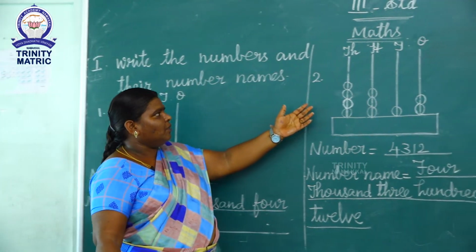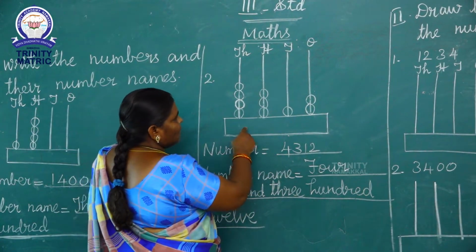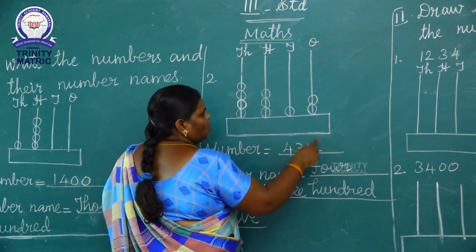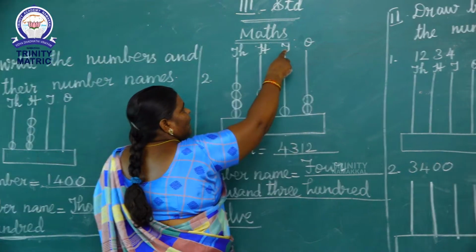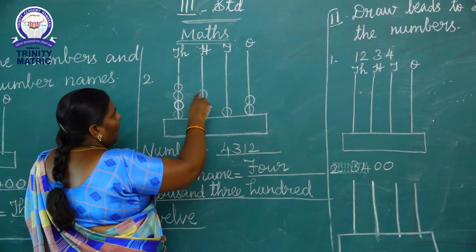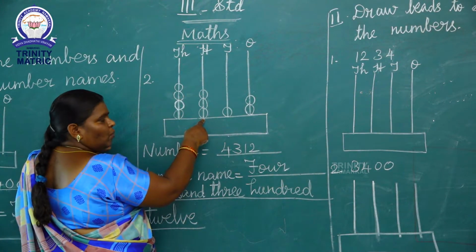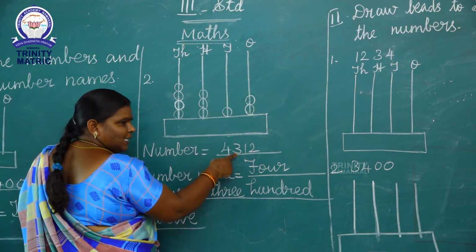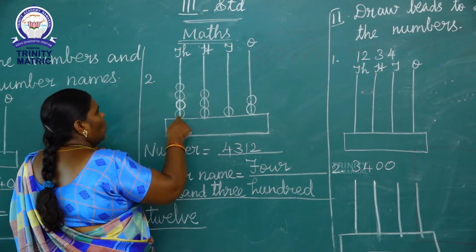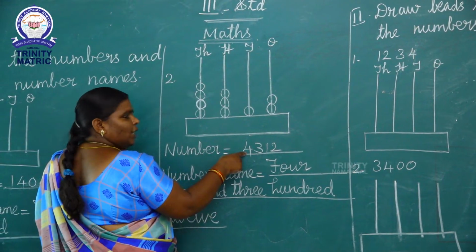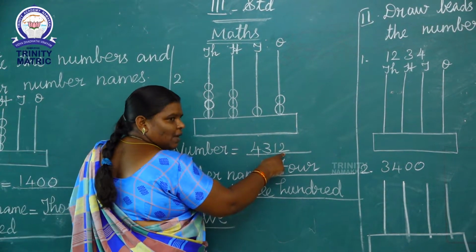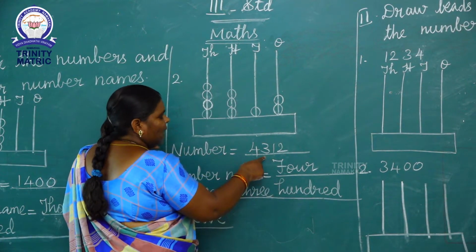See the next sum. Okay. See the abacus. In ones place, how many beads in the rod? 2 beads. So you write 2. In tens rod, how many beads have? 1 bead only. In hundreds rod, how many beads have? 1, 2, 3. So you write 3. In thousands rod, how many beads have here? 1, 2, 3, 4. So you write 4. You read this number. First you say the place value. Ones, tens, hundreds, thousand.